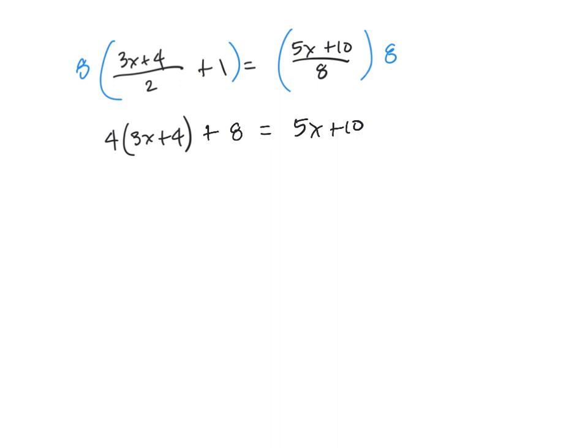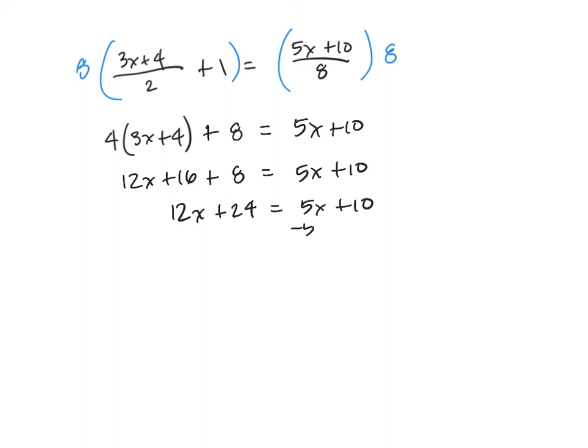So this is 4 times 3x, we're going to have to distribute that 4 in, so this will be 12x plus 16 plus 8 equals 5x plus 10. And then we'll have 12x. I'm going to add the 16 and the 8 together. 12x plus 24.